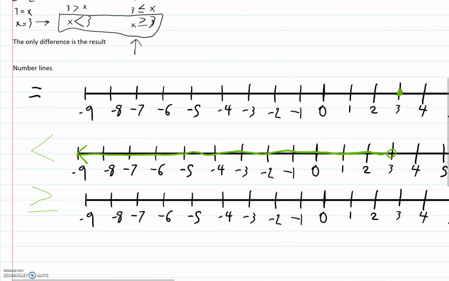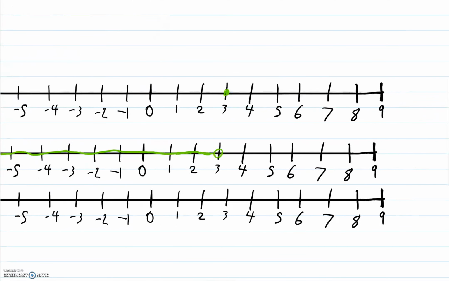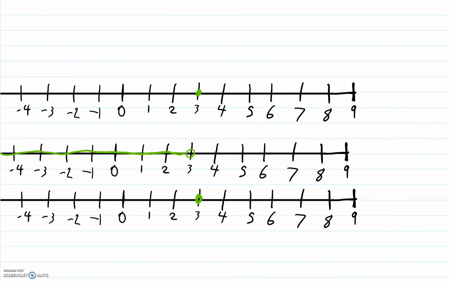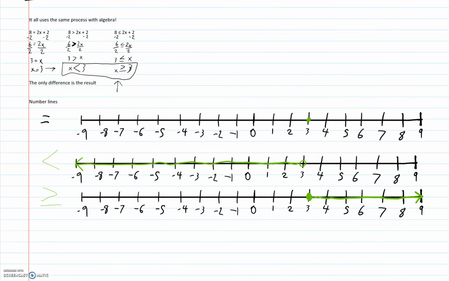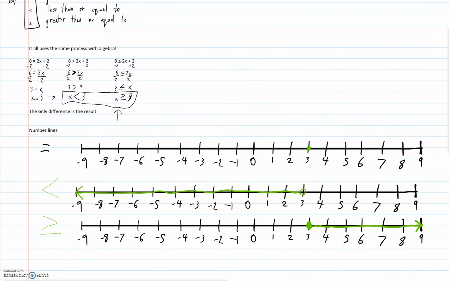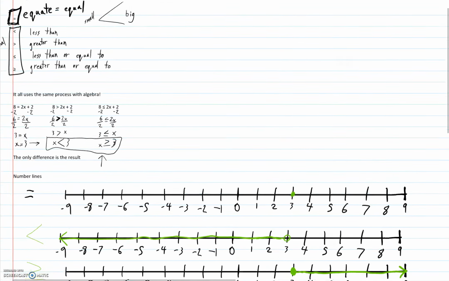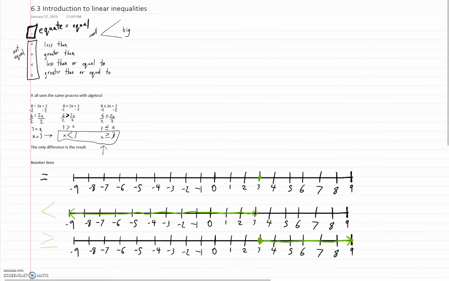Now I've got 3 and it's greater than or equal to 3. So I'm going to put my little circle on 3, but I'm going to fill it in. I'm going to drag it across and continue my arrow. Hopefully that shows you a little bit of an introduction to inequalities, and good luck.